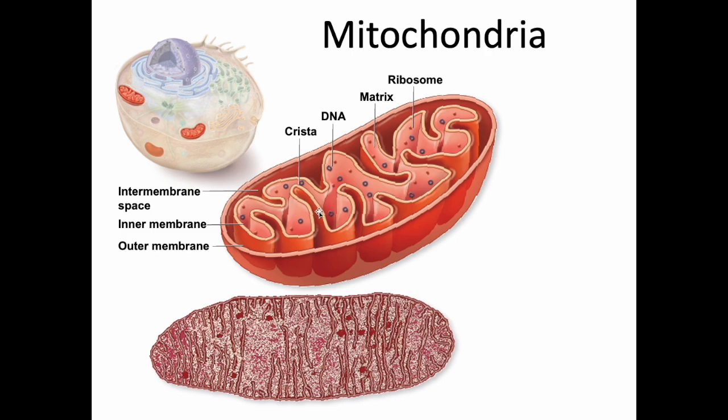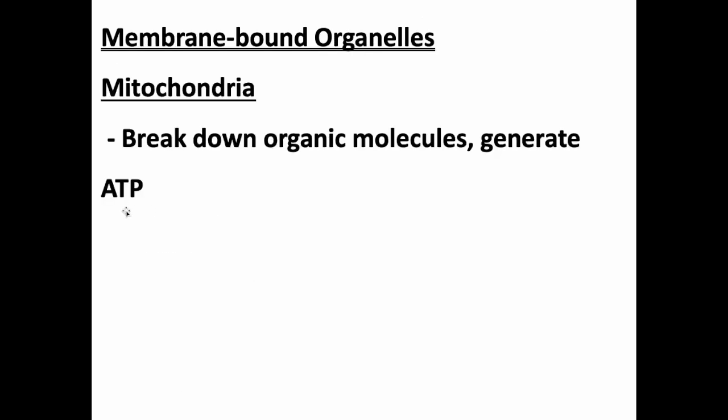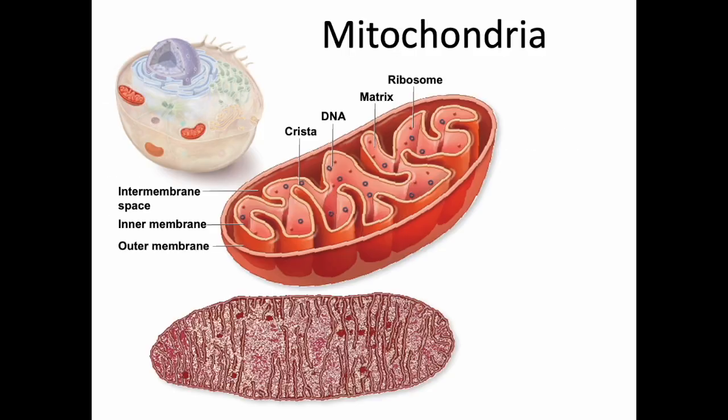But what's their function? So when we look at metabolism and generating ATP in a later chapter, we will see that a lot of these chemical reactions actually take place in this membrane, embedded within the bilayer of this inner membrane. These folds exist so we could cram in more of these reactions.